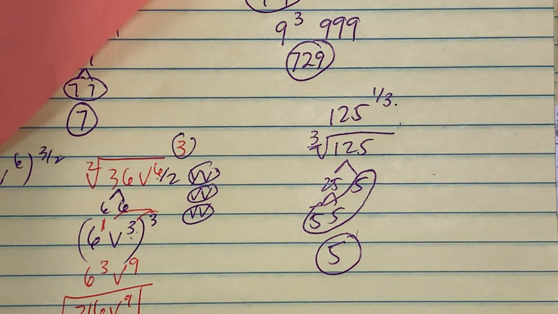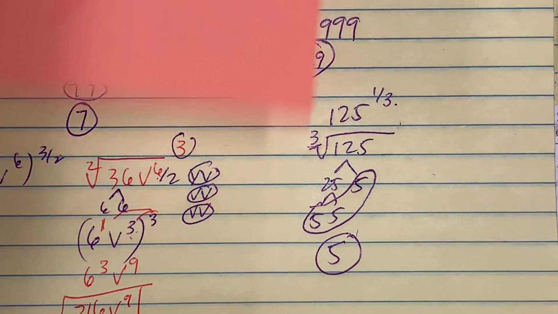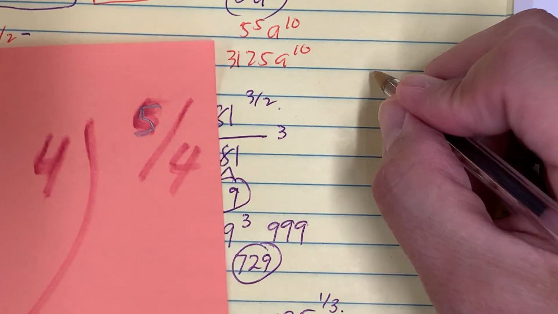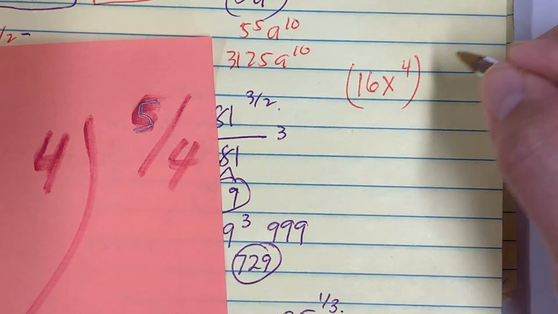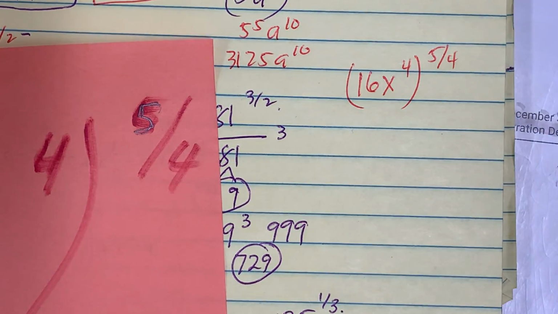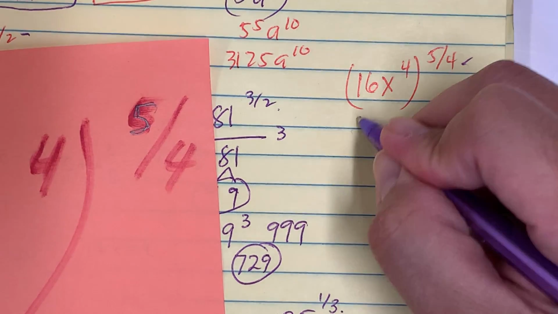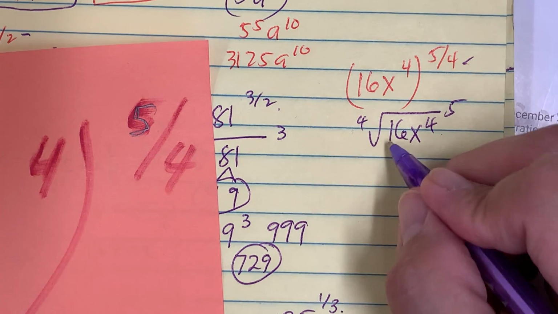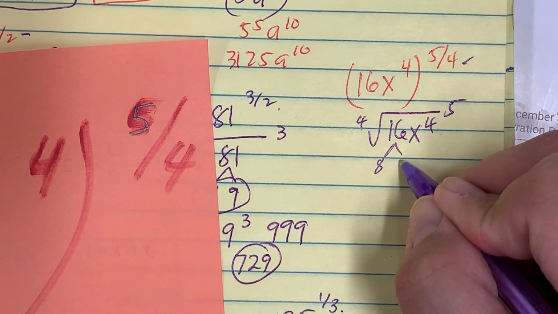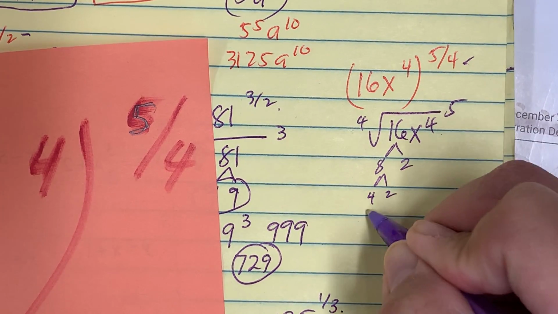Okay? Last two. Next here is 16x to the fourth raised to the 5/4. The index there is 4, so that means fourth root of 16x to the fourth, to the fifth power. 16 can be broken down: 8 and 2, 4 and 2, 2 and 2.